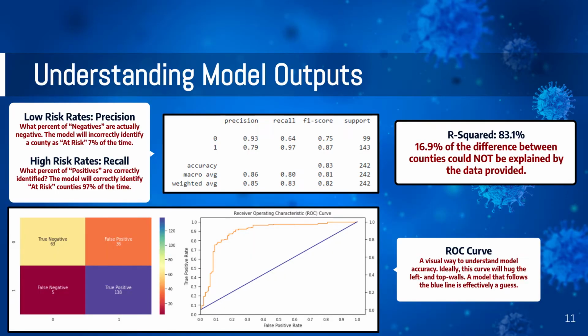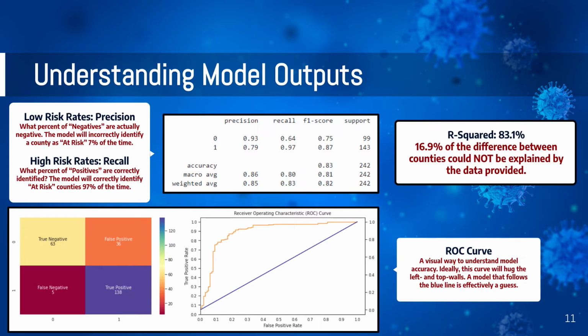Before we look at the results, let's understand how we know that I'm confident about this model. First of all, looking at low risk rates, or what are known as zeros, I looked at precision, or what percent of the negatives are actually negative. In this case, the precision tells us that the model will incorrectly identify a county as at risk 7% of the time. On the flip side, for high risk rates, I looked at recall.